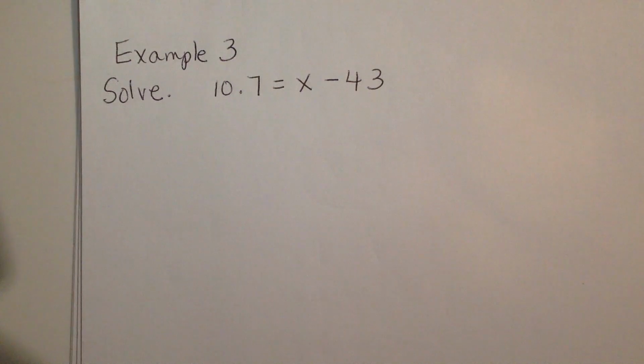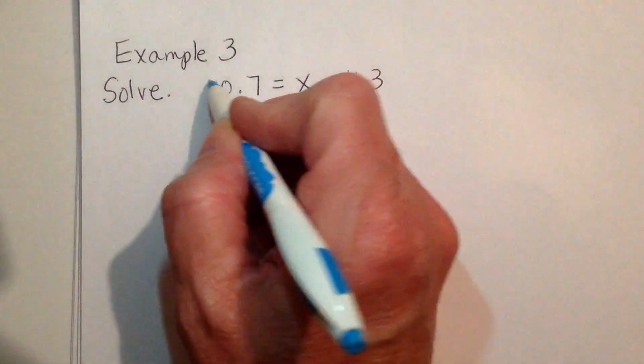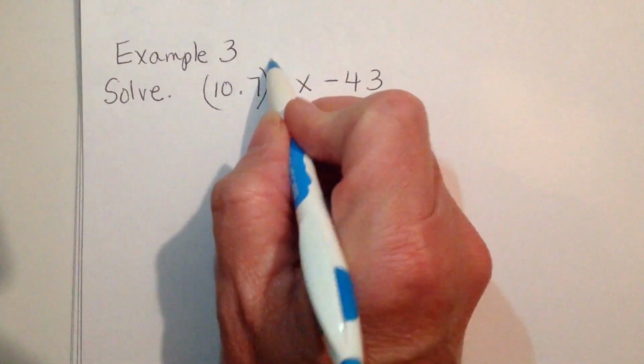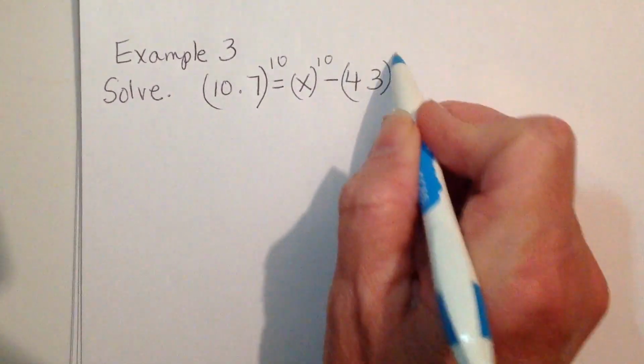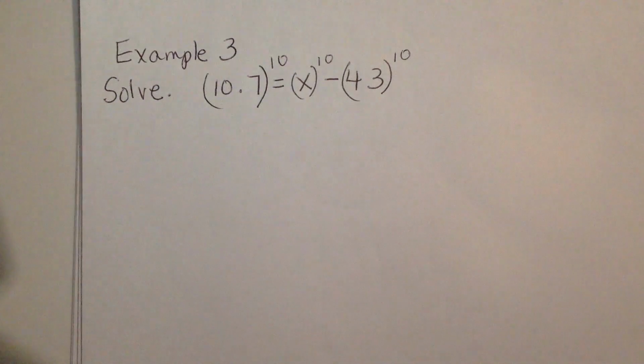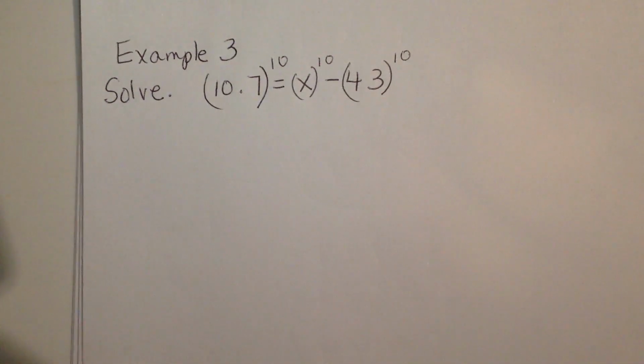So what you can do is multiply each term through by 10. If you multiply each term through by 10, you can eliminate the decimal.